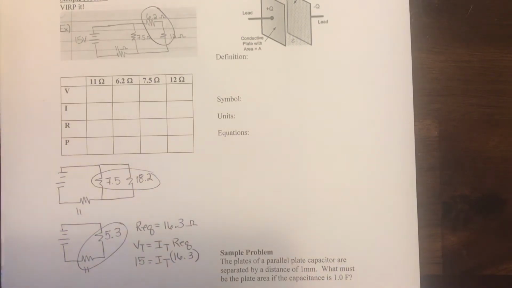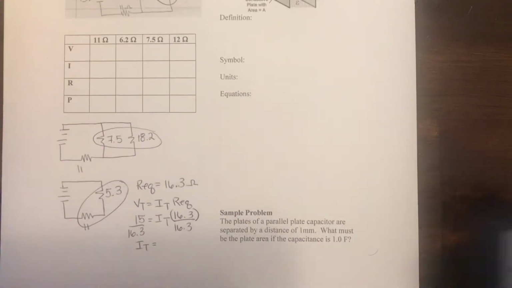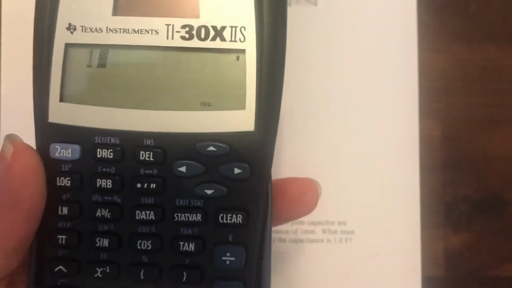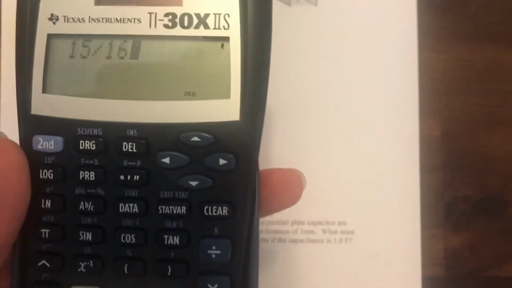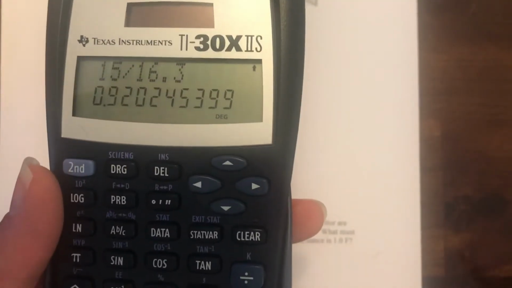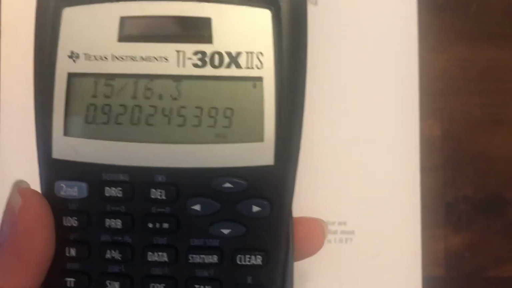So I should be able to find what IT is by dividing 15 by 16.3. So IT is equal to 15 divided by 16.3, or let's call this 0.92.